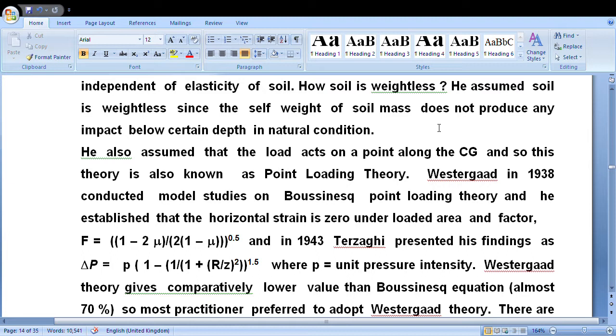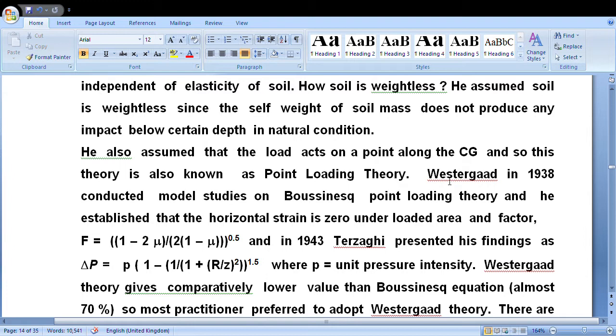Why? He also assumed that the load acts at a point along the CG line, and so this theory is also known as point loading theory. This is Boussinesq point loading theory.